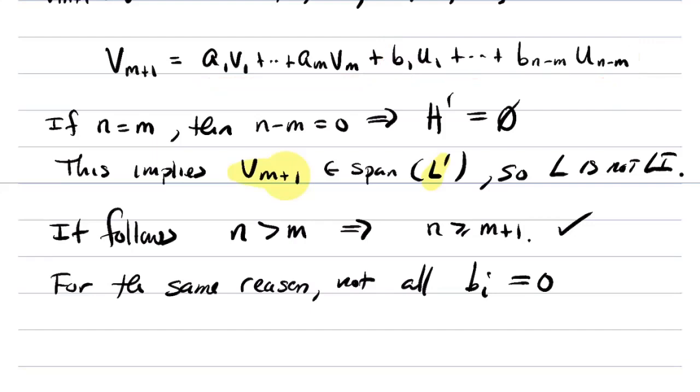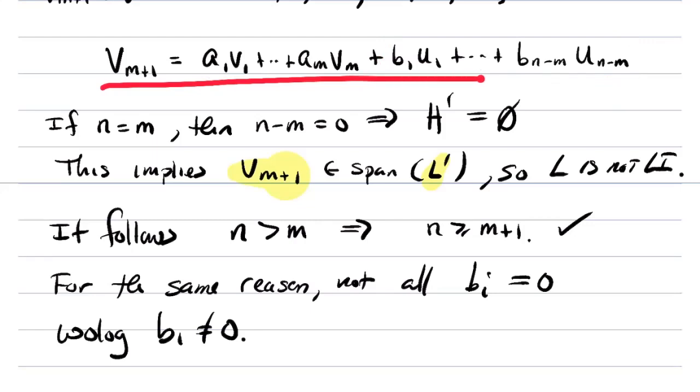Without loss of generality, I'm going to assume that B1 is not 0. So what am I going to do? I'm going to take this equality, sorry, that I'm underlining, and solve it for U1. That's all I'm going to do. I can solve it for U1 because the coefficient of U1 isn't 0.